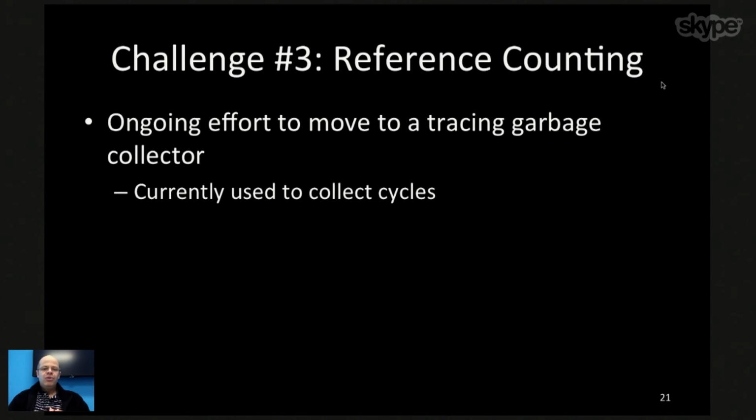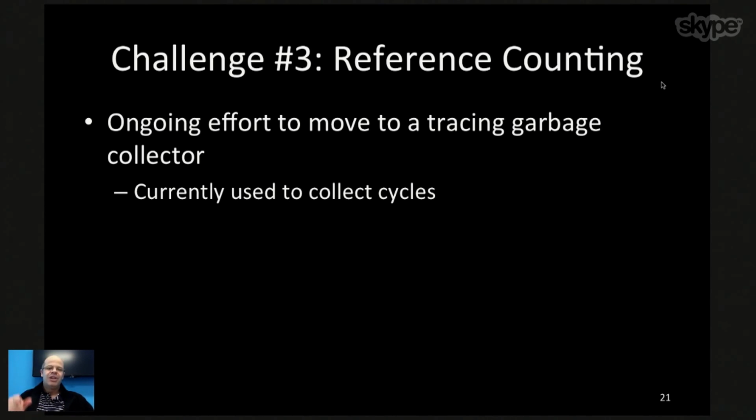Another thing that we're trying to do that I mentioned before is that there are better garbage collection techniques other than reference counting, and we have an ongoing effort to try to switch over to a tracing GC. We have something running right now that is able to find garbage cycles, which reference counting is unable to.